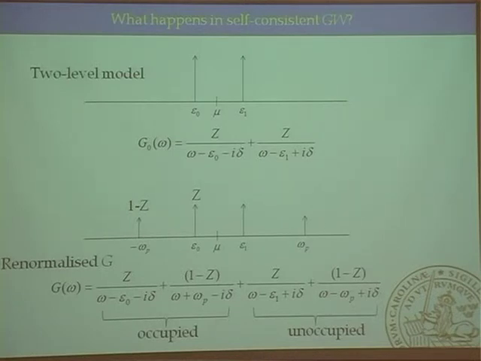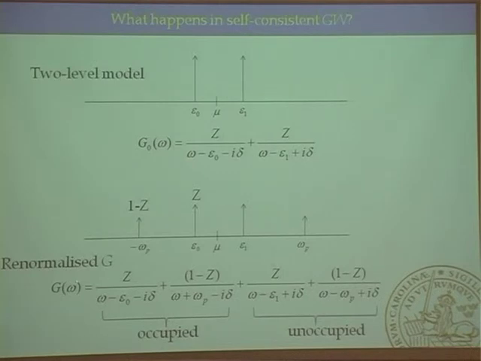Actually, it is not so clear that self-consistency will give this kind of spectral function. There may be more peaks, but let's just assume that I only have one additional peak below and above, located at some energy, the plasmon energy here. What happens is that the quasi-particle weight is reduced from 1 to Z, and so the rest of the weight is in the plasmon satellites, 1 minus Z.